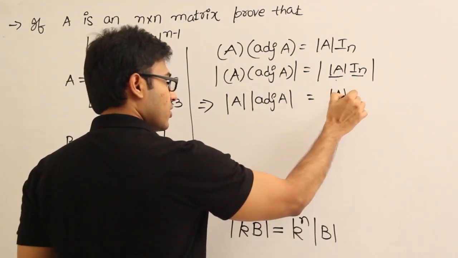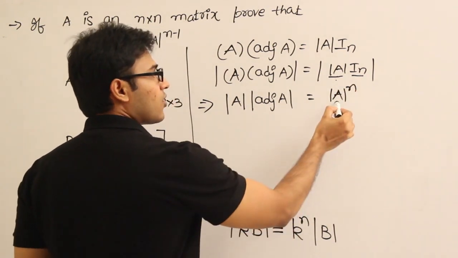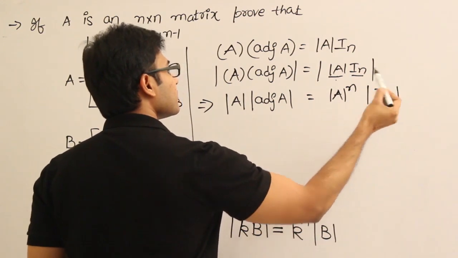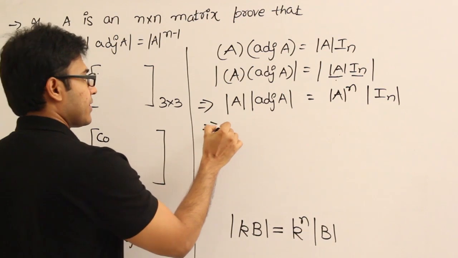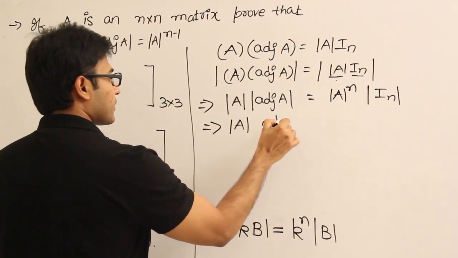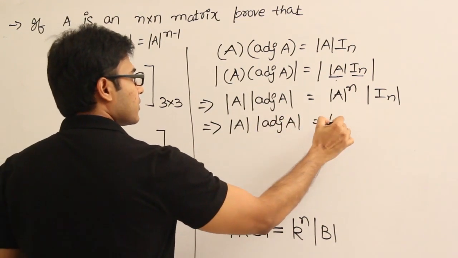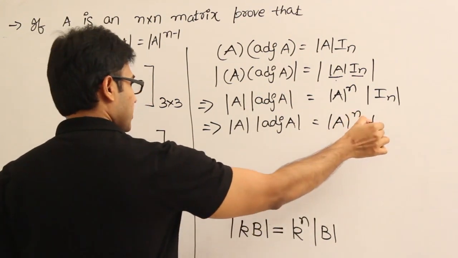We can pull out the constant and write it as constant power n into the determinant of In, right? And now we know that the determinant of In is 1, therefore I am multiplying it with 1.